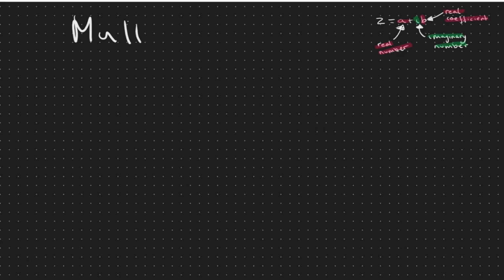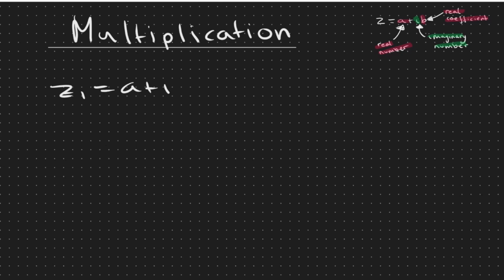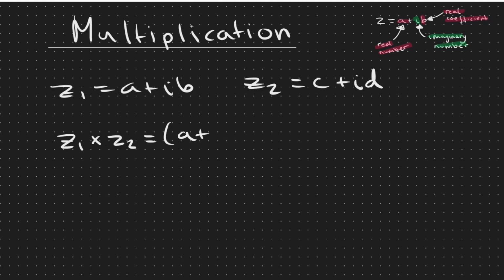Now we're going to move on to multiplication of complex numbers. So if we have two complex numbers and we want to multiply them, so if we want to do z1 times z2, this would be like if we expanded it, saying a plus bi, I like writing it in the form bi.